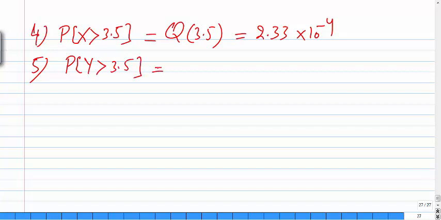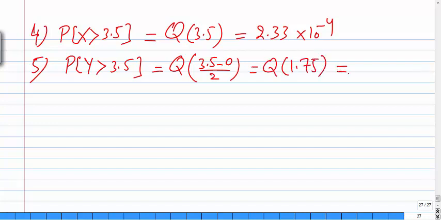Now from here we cannot use Q directly; we have to standardize. You put 3.5 minus 0 divided by 2, so it becomes Q of 1.75.